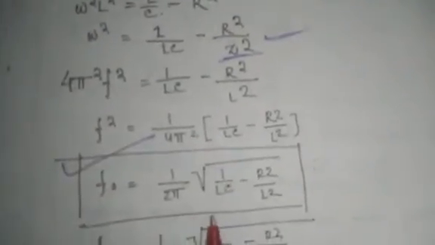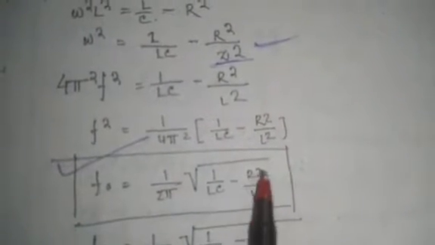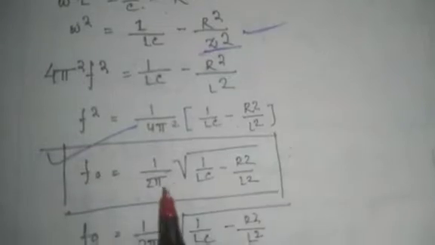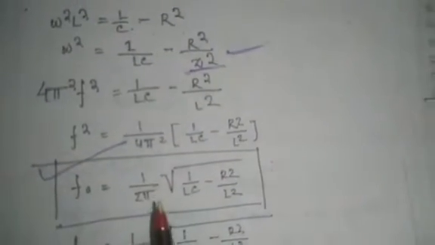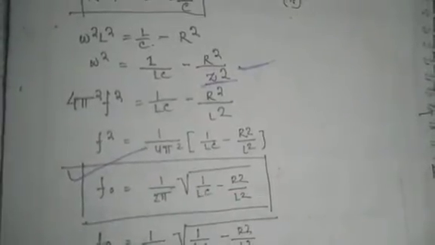If you calculate for this parallel resonance circuit, at resonance the resonance frequency f0 is equal to 1 divided by 2 pi into the root of 1 by LC minus R square by L square.